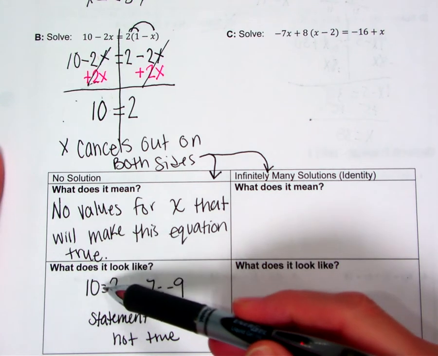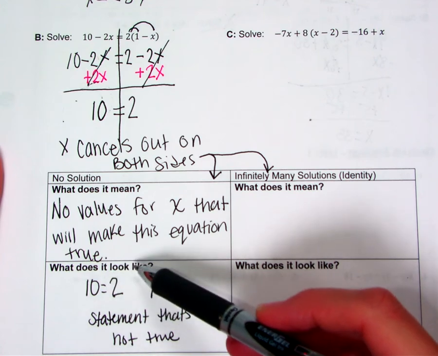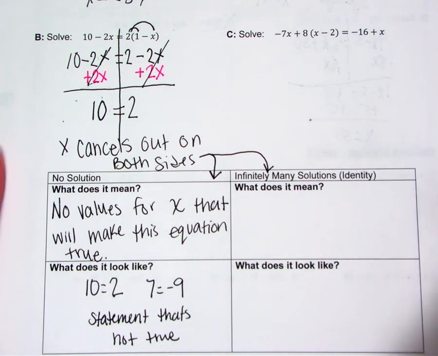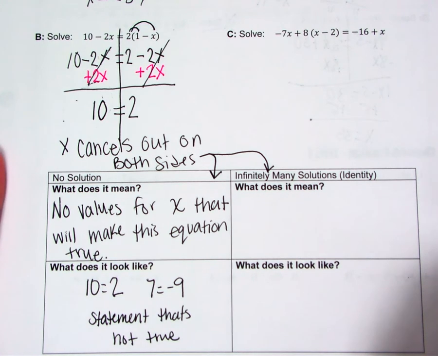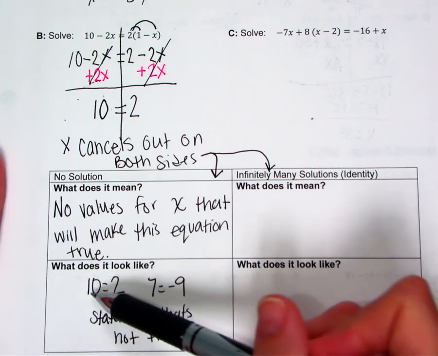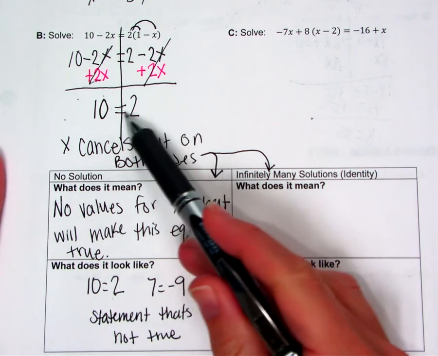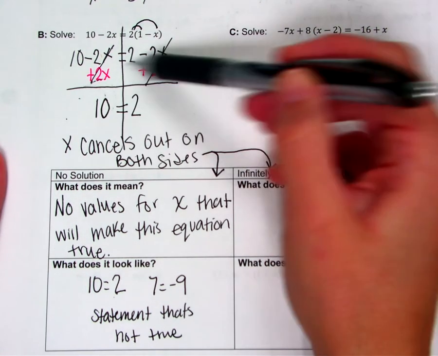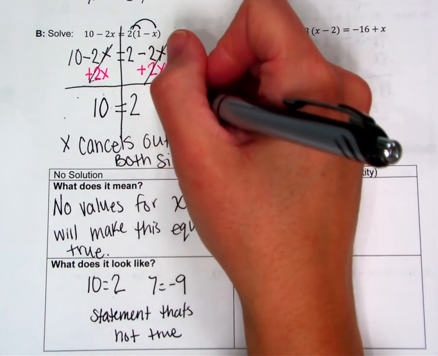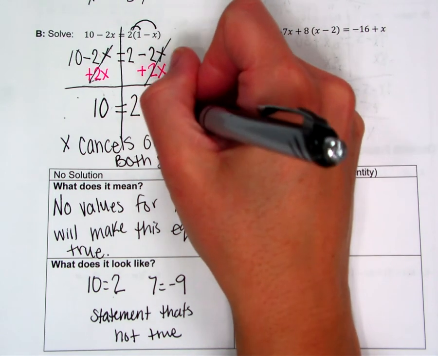What do I mean by a statement that's not true? Does 10 equal 2? If I handed you a $10 bill and you handed me back a $2 bill, is that equal? Is that even? Is that the same thing? No way. Give me my 10 bucks back. So that's not true. These are not equivalent. They are not the same thing. So that's not a true statement. So up here, when this happens, you have to write no solution.